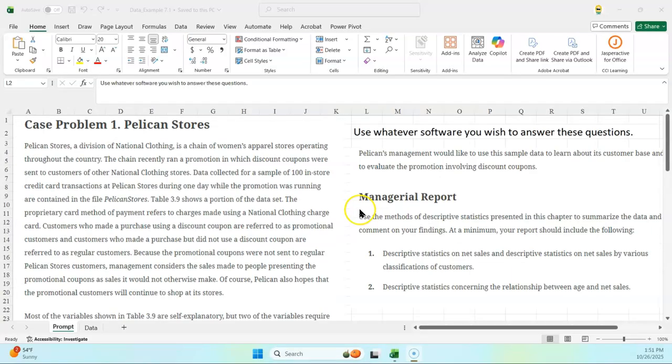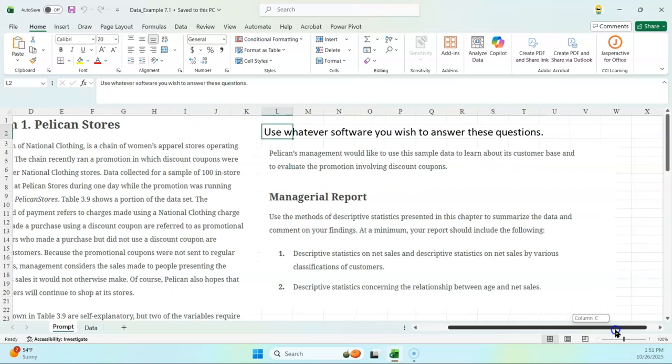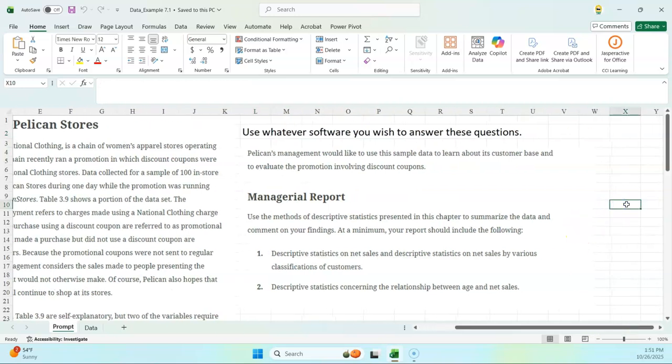And so if we go back up here, what are we looking at? Well, the management wants to learn about its customer base and evaluate the promotion involving the discount coupons. And so, as you can see, we've got a couple different things here. This is talking about writing a report. We're not doing that. We're just diving into the data.